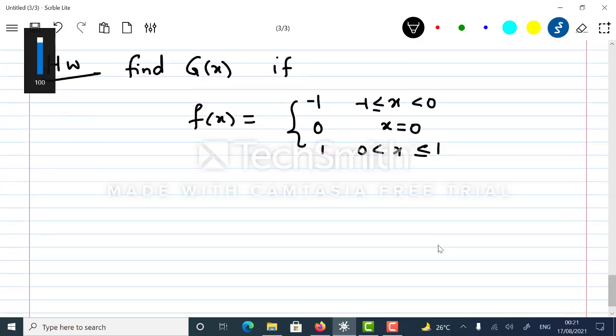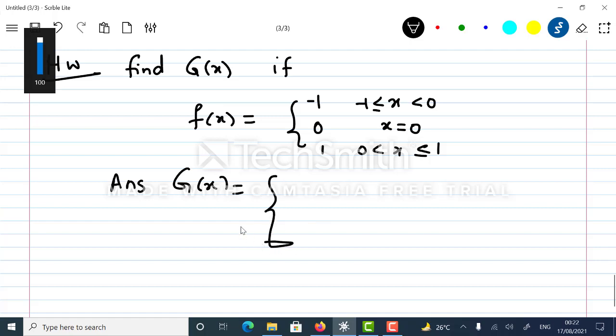And here the answer is also given, so let me note down the answer also, which will help you to understand in a better way.